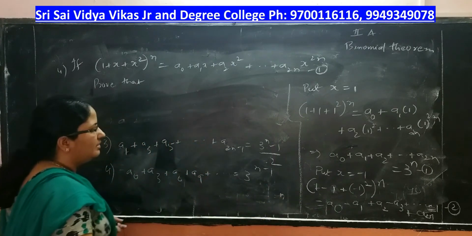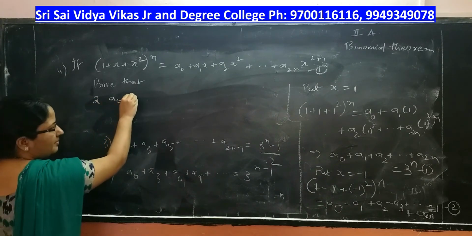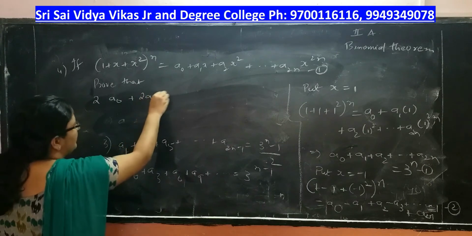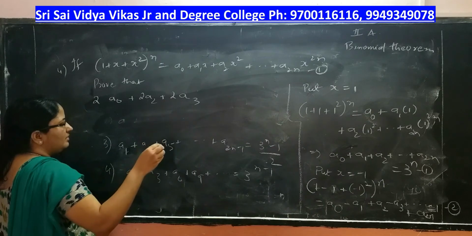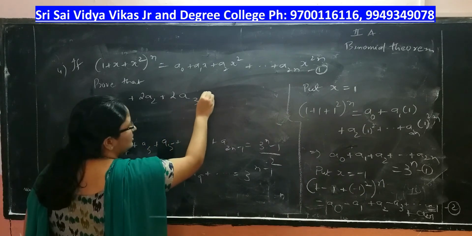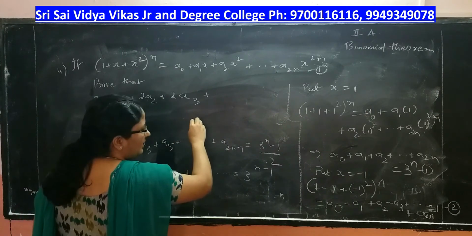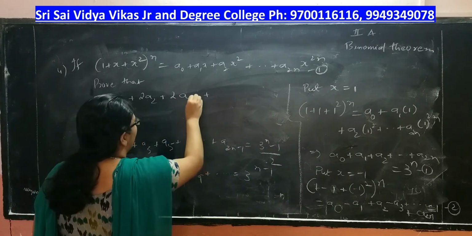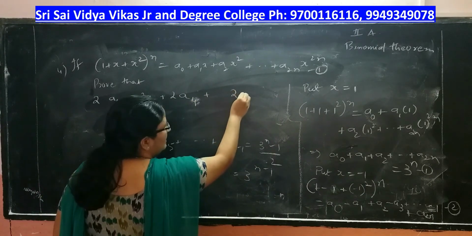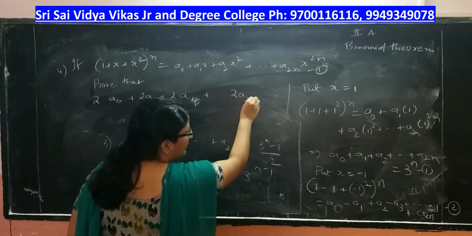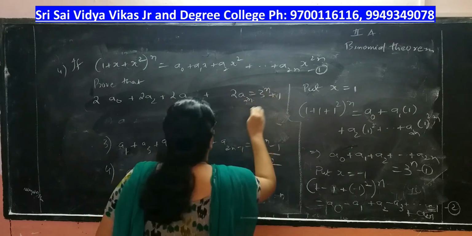So what do you have? 2a0 + 2a2 + 2a4, the a1 and a3 terms get cancelled, and so on up to 2a2n, that will be equal to 3^n + 1.